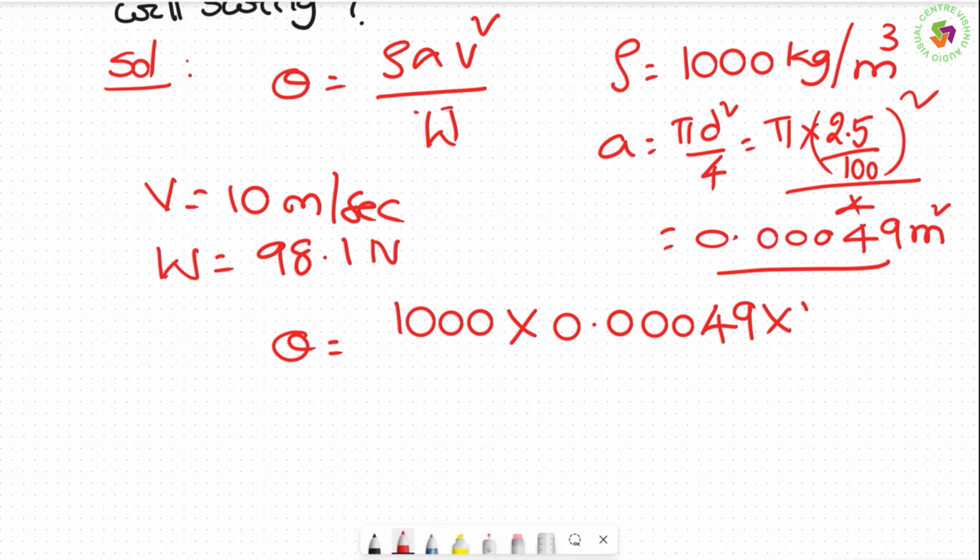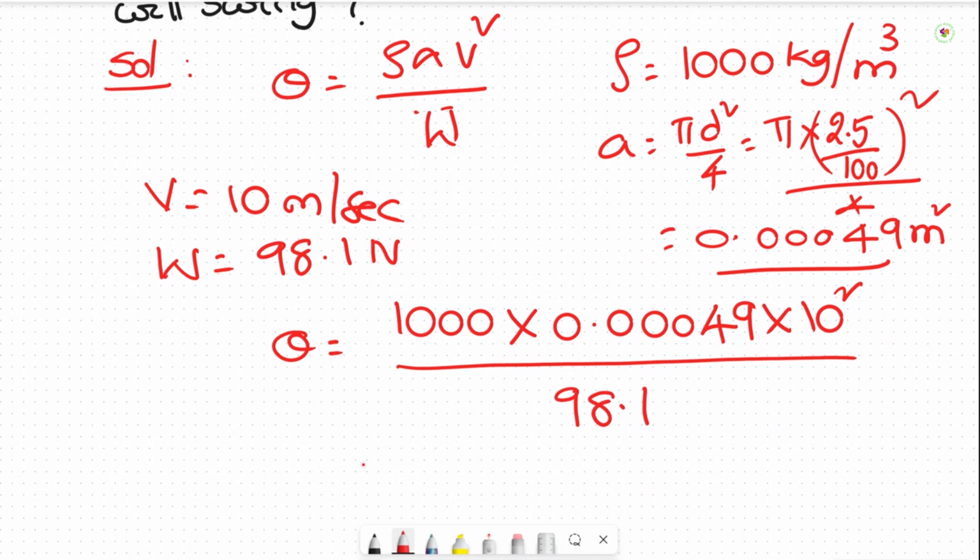Therefore, sine theta is equal to 1000 into A, 0.00049, into V square, 10 square, divided by W, 98.1. Therefore, sine theta is equal to, what I got is, 0.499.